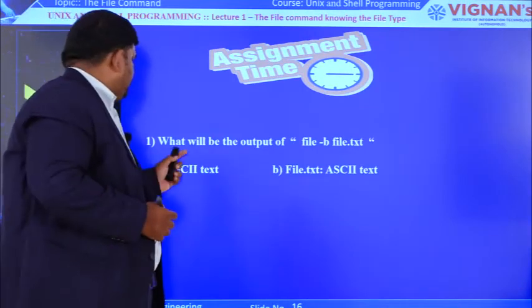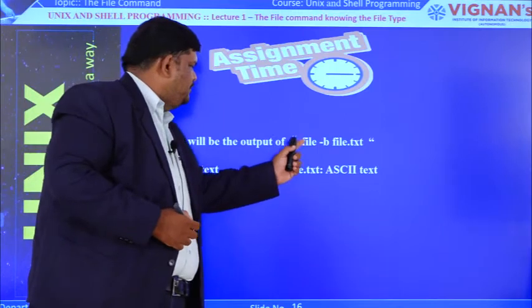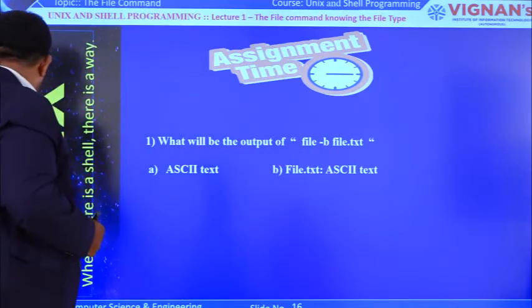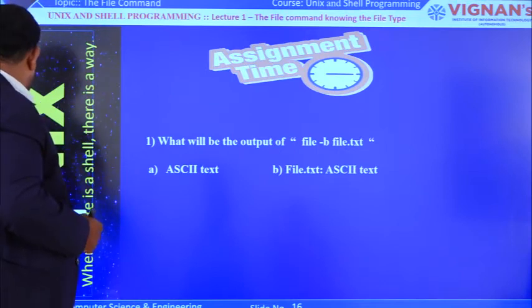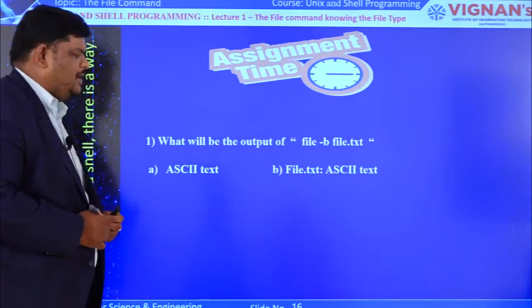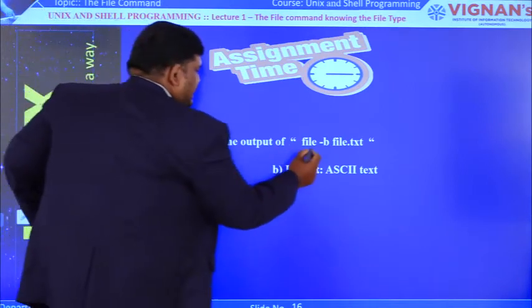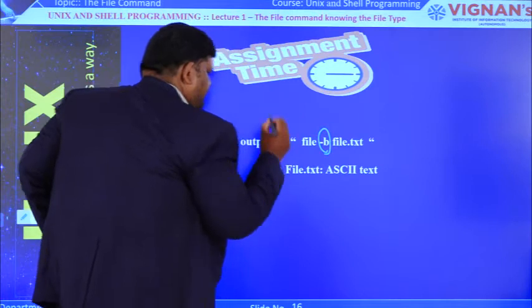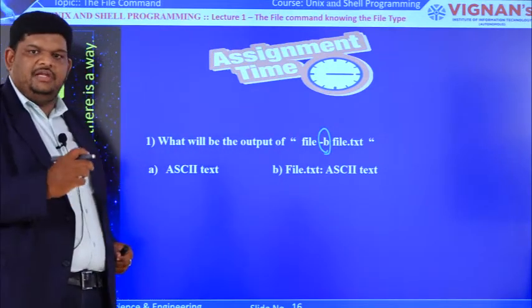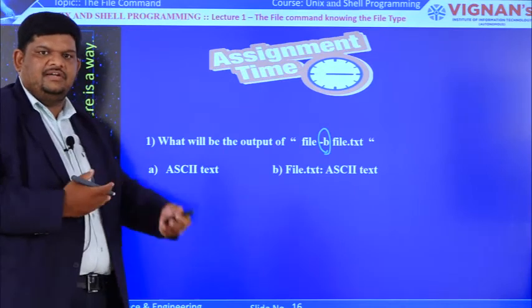So here, what will be the output of file space option B space file.txt? Here we are given option B. So option B itself indicates without file name, it gives directly the file type.